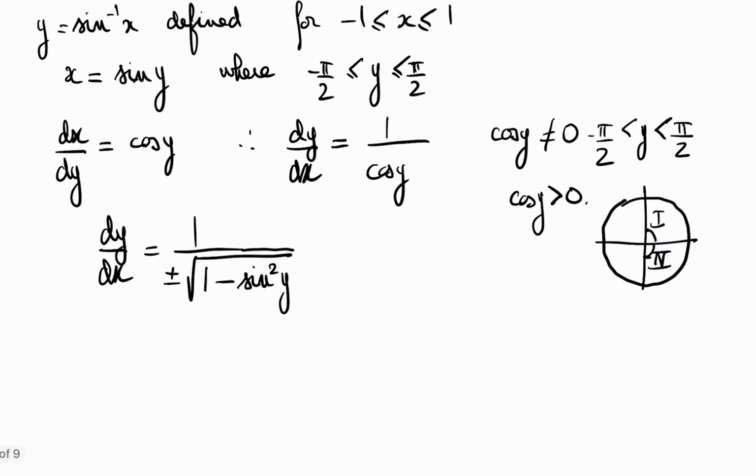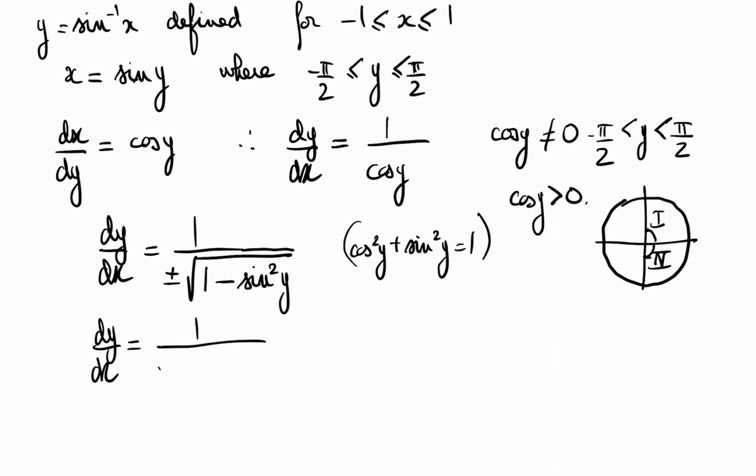That comes from the fact that cosine squared y plus sine squared y is equal to 1. But we know that cosine y is positive because we are in the first or fourth quadrant, so therefore dy over dx is not plus or minus, but it's 1 over root of 1 minus sine squared y, and sine y is equal to x, so therefore it's 1 over root of 1 minus x squared.